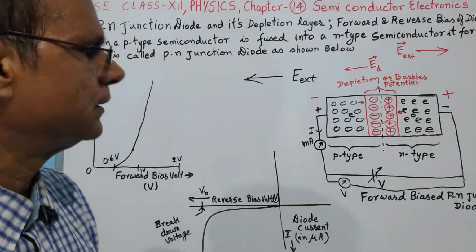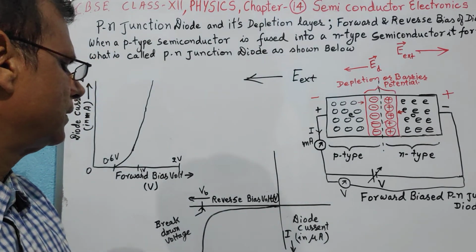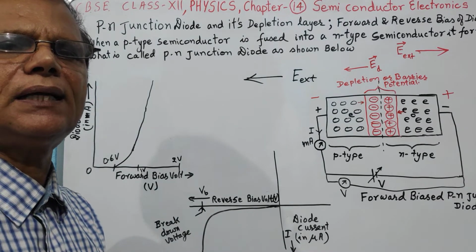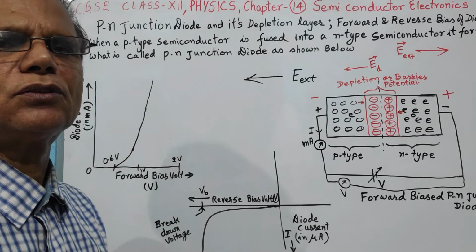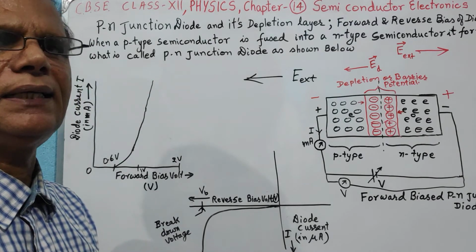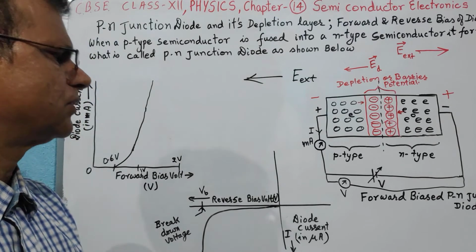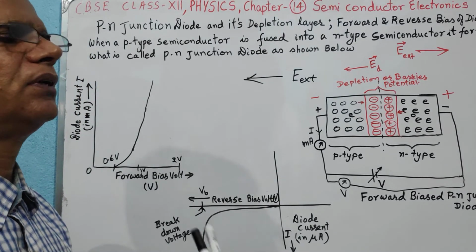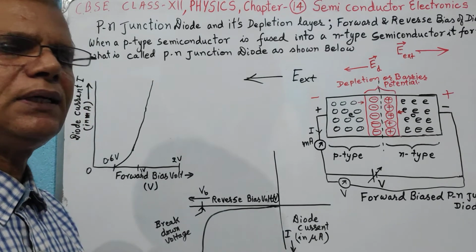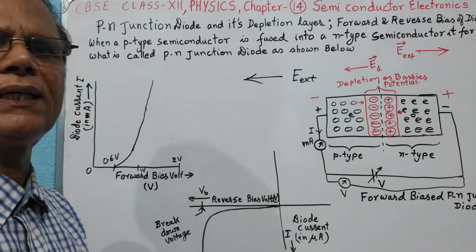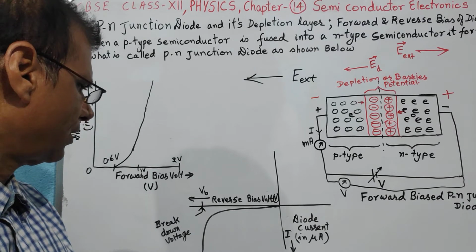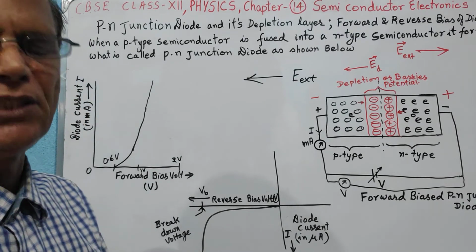Therefore we call it breakdown voltage, because at this voltage the current increases abruptly, as if an avalanche takes place when the dams are broken, meaning the electrons start flowing in abundance. So we call it breakdown voltage, or avalanche voltage, or Zener voltage.